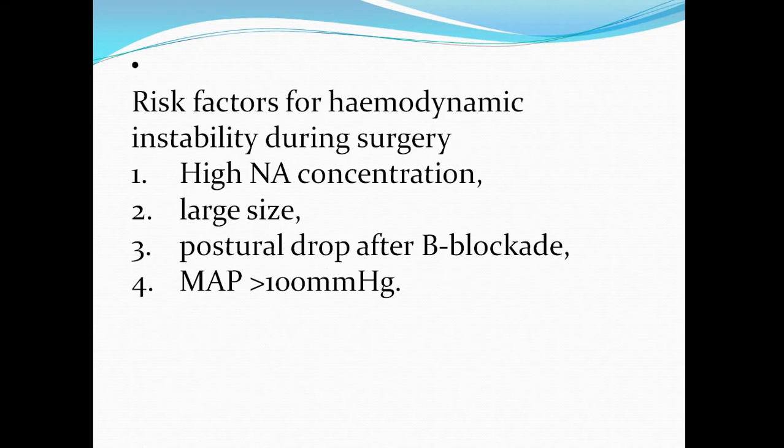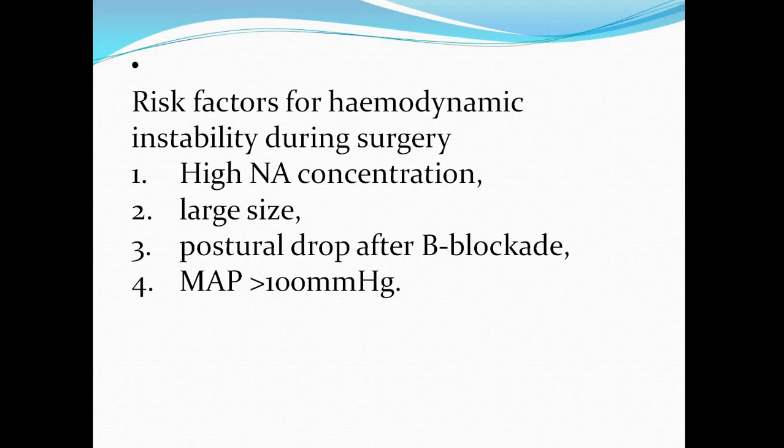So what are the risk factors for hemodynamic instability during surgery? This is something which is asked in the exam. So these are basically 4. One which you could always remember is a big tumor, just a large size.